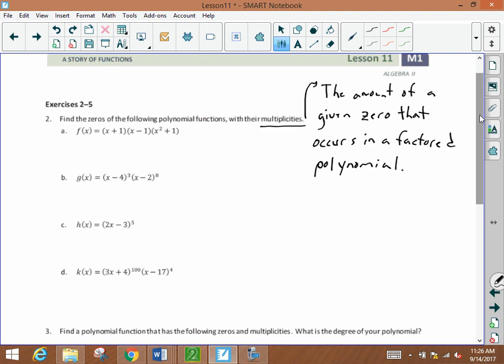And we'll get down to that. We'll talk about multiplicity. It's actually super easy. Super easy. Nothing really too bad.